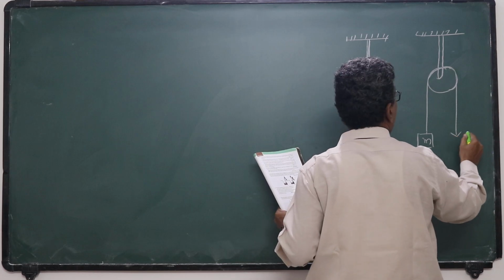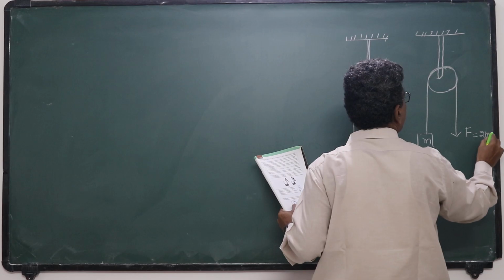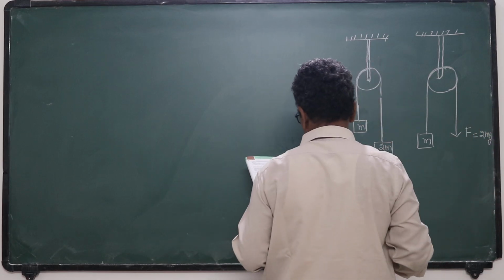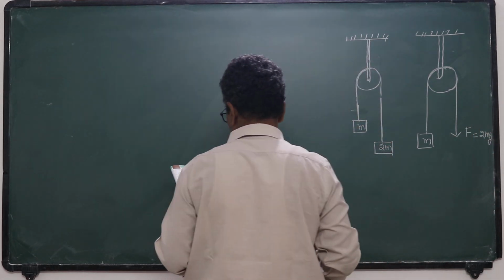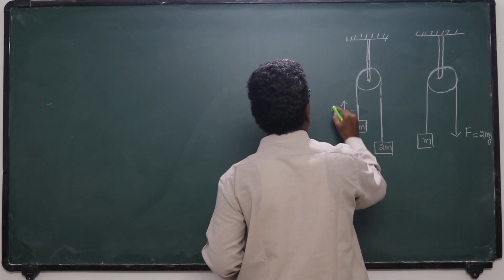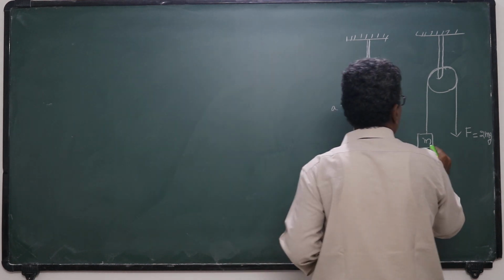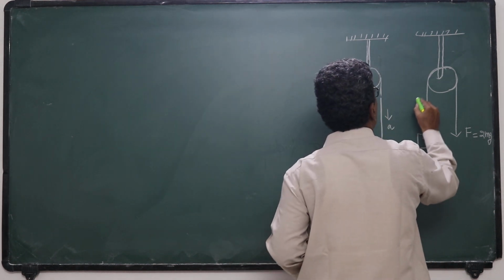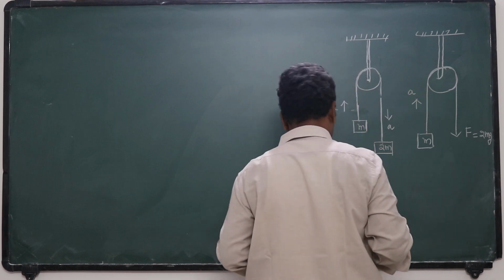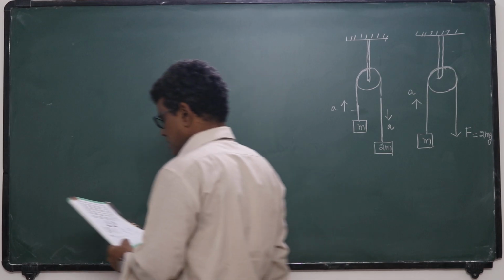There is a force F that acts on that. That force is 2mg, okay. It is moving up with acceleration a, it is moving down with an acceleration a. So here it is also moving with an acceleration a, okay, and it is moving down, okay.